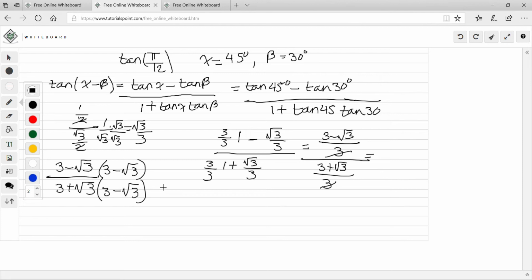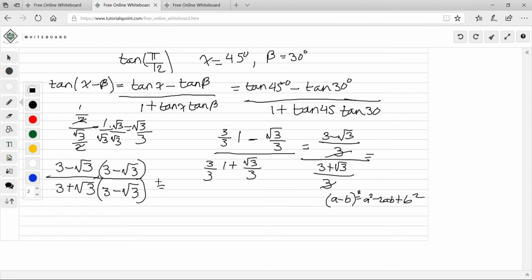Okay, so the numerator is a perfect square trinomial. A minus b squared equals a squared minus 2ab plus b squared.